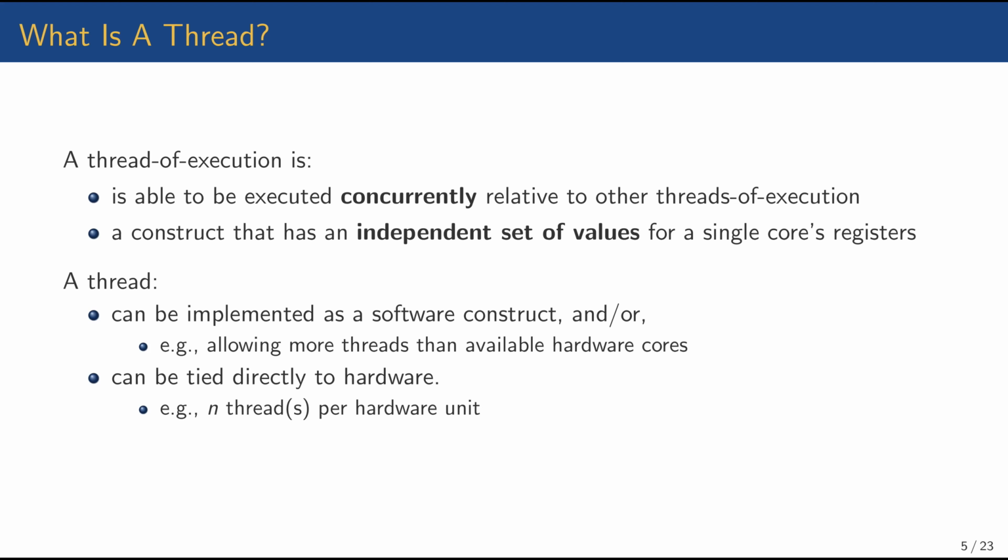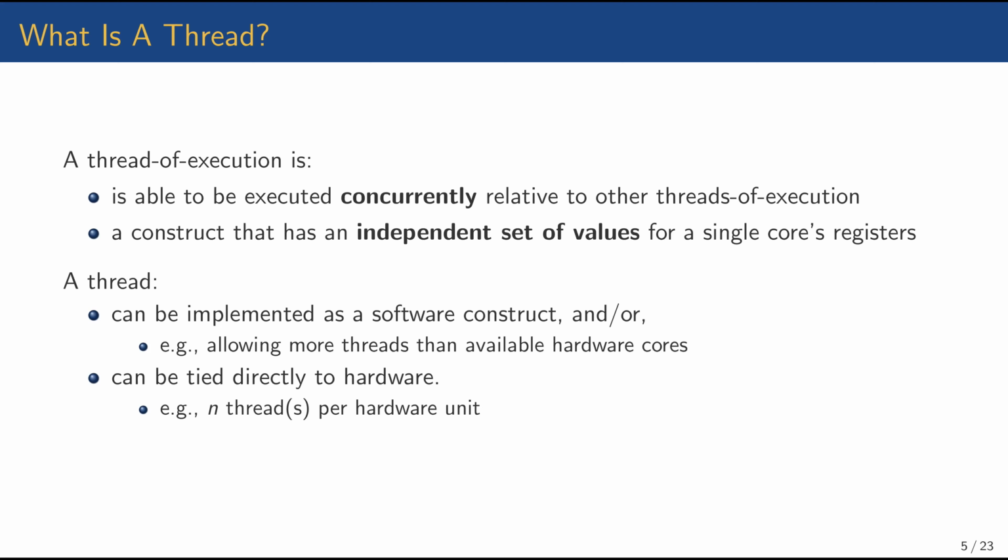Now, also threads are a construct that has an independent set of values for each CPU core's registers. So on a computer, when you have a thread of execution, and let's say you have 2 of them, since your computer can switch which CPU core each thread's running on, by default that happens, and because it can switch, in order for things to run properly, each thread has the ability to save and restore the values stored in CPU registers.